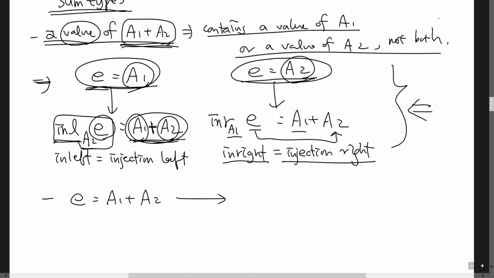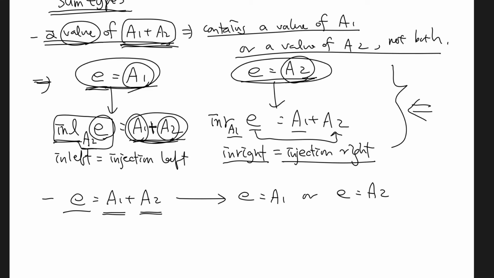We'd like to extract either a value of type A1 or a value of type A2. We know that this expression E has been created either with a value of type A1 or a value of type A2. But in general, we don't know which value has been used when we created this expression E.